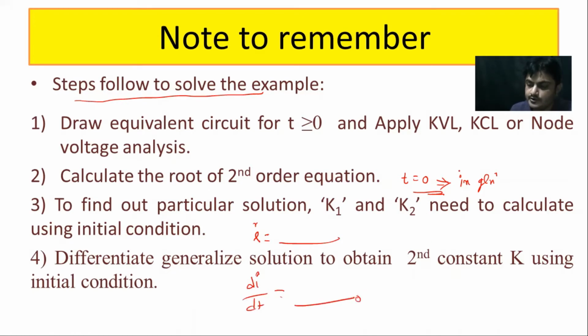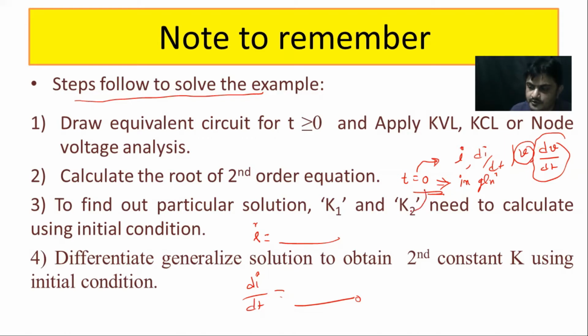It means that we are not only calculating the current at t equal to 0, we can also calculate the rate of change of current. In the same way, we are not only focused on voltage, we will also focus on dv by dt. If we are having these two parameters at the initial condition, we are having a generalized solution in normal form as well as in differentiated form.